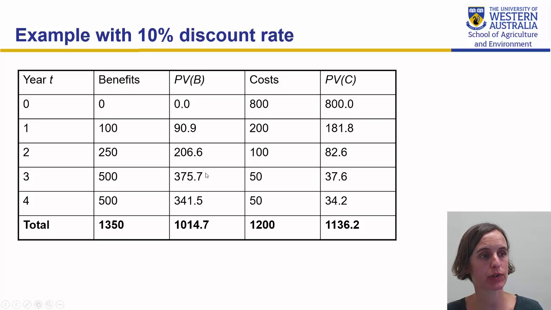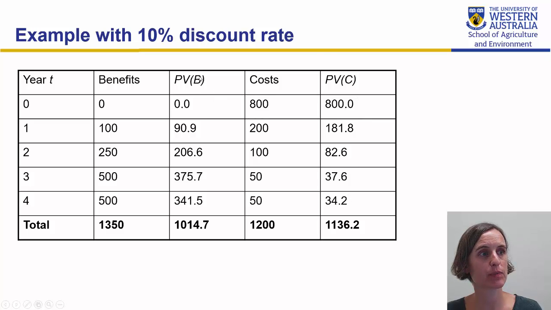So I've calculated that for you. Whereas the costs are quite high in year 0 because of high implementation cost. And then there are some maintenance costs that we incur and they go down over time. And those costs are also discounted.